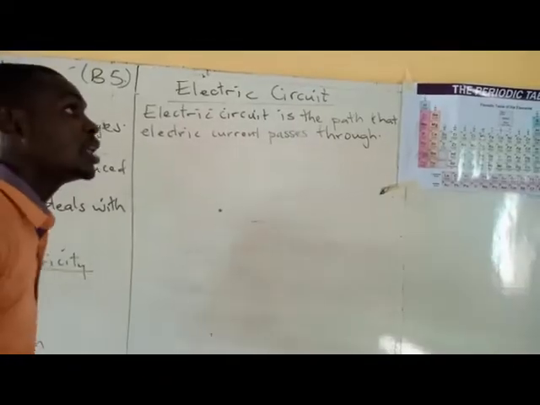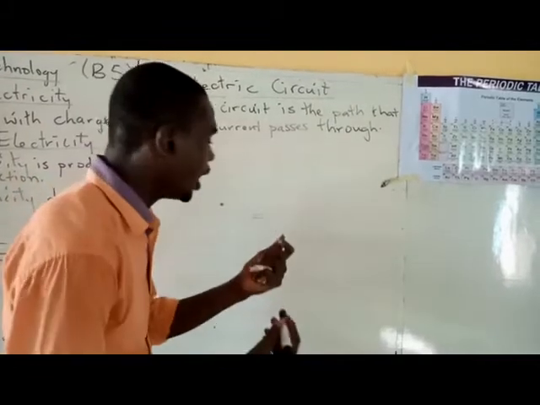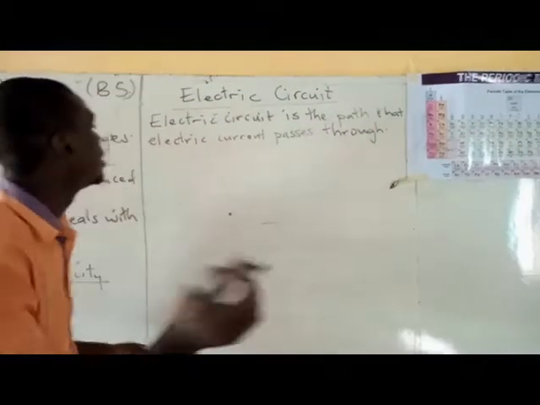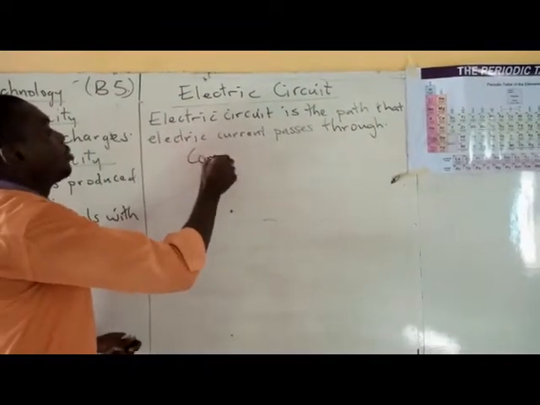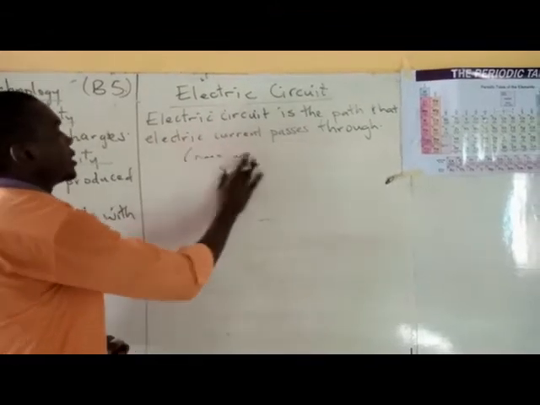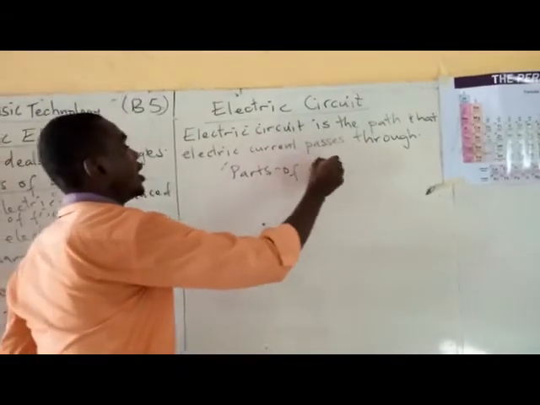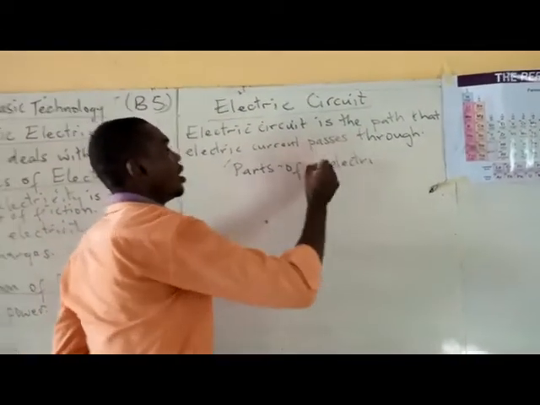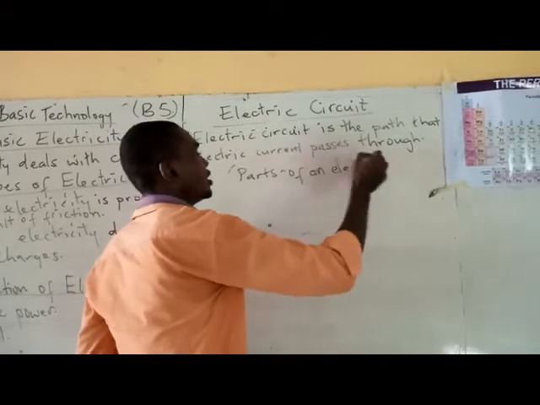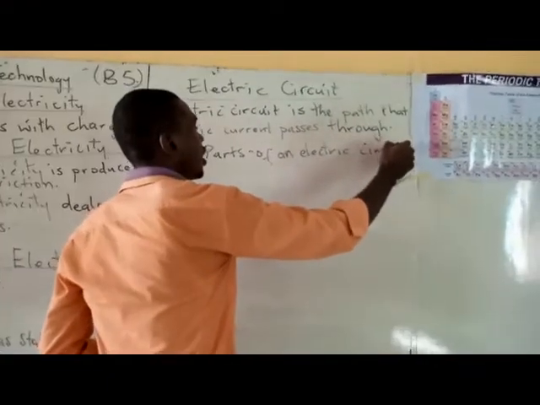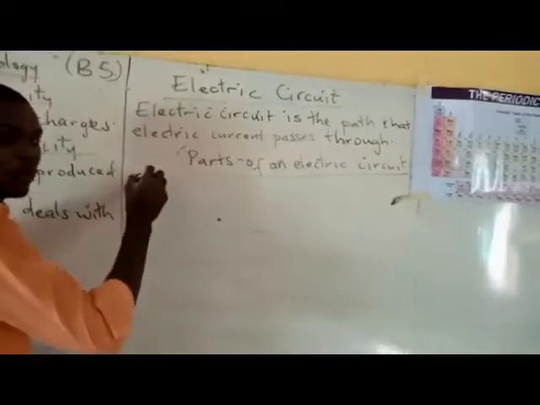Now, let's say for example in your house, you have wires, let's call them components of an electric circuit.